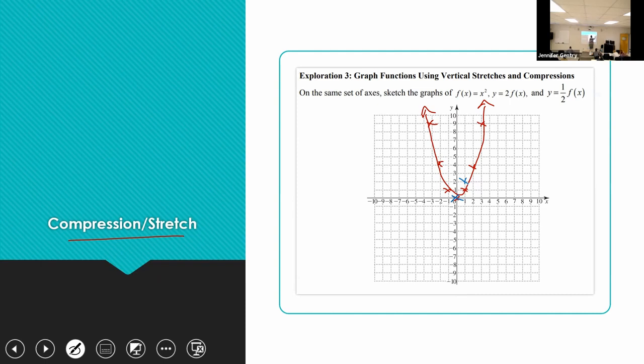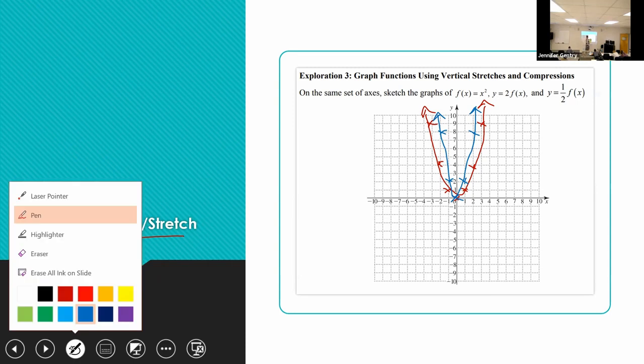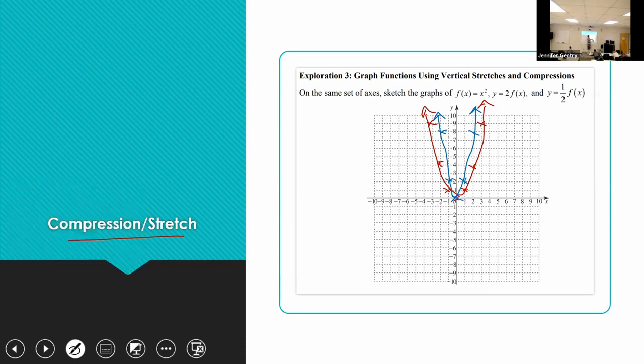What about if I do 1/2? What's 1/2 of 0? 0. I'm at the same point again, so I'm not moving. My pivot is staying the same. What is 1/2 of 1? 1/2, right? I'm going to go here. What is 1/2 of 4? 2.